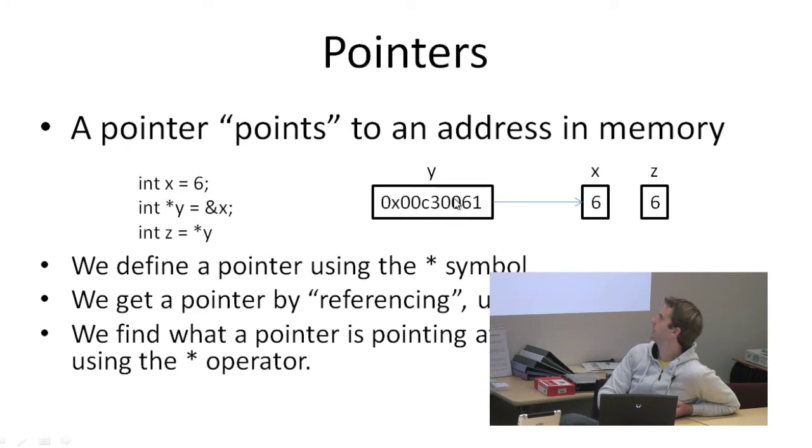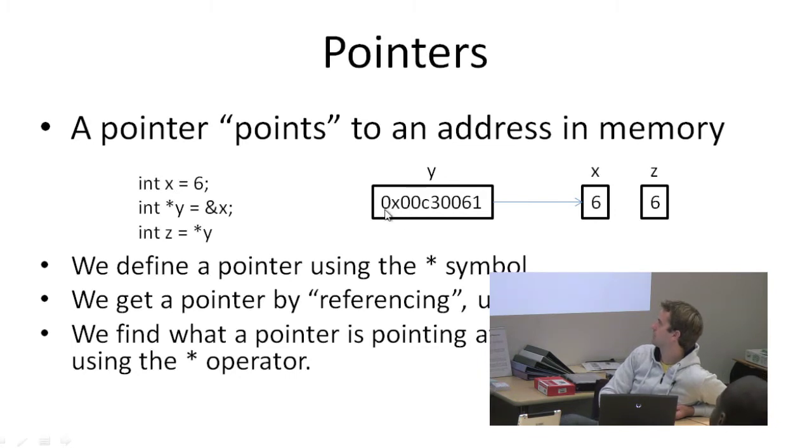It's going to point to another piece of memory. So we create our pointer y and point it to the address of x. So y now points to x. If we ask what's inside y, we'd actually get the address in memory where x is.